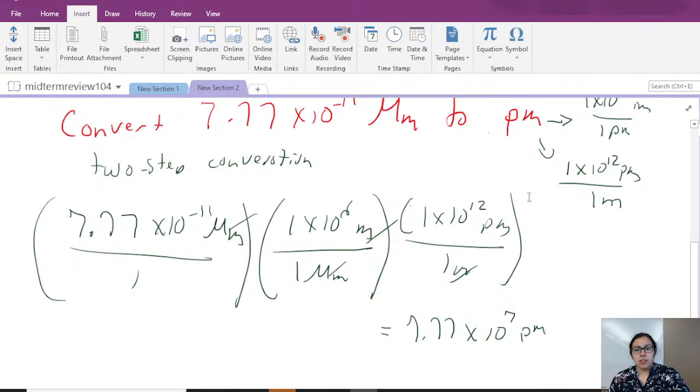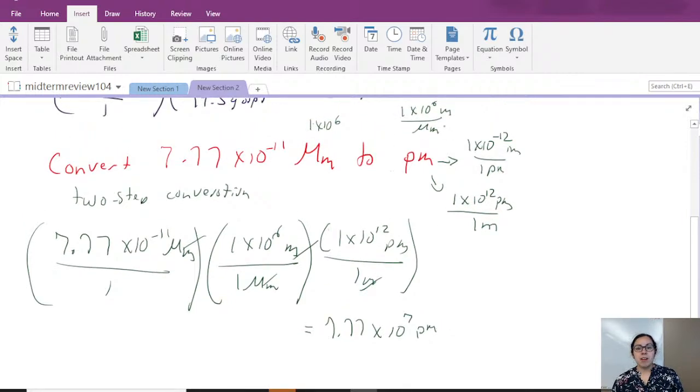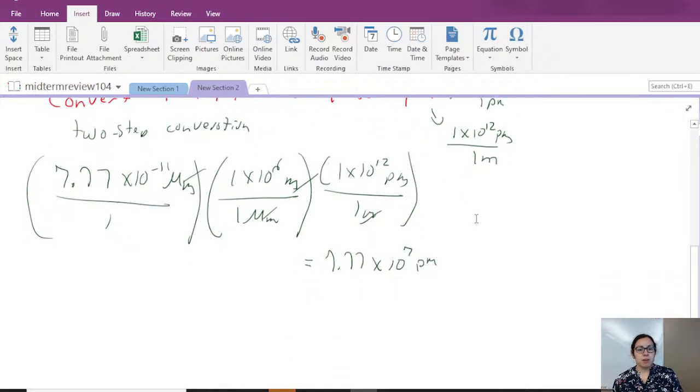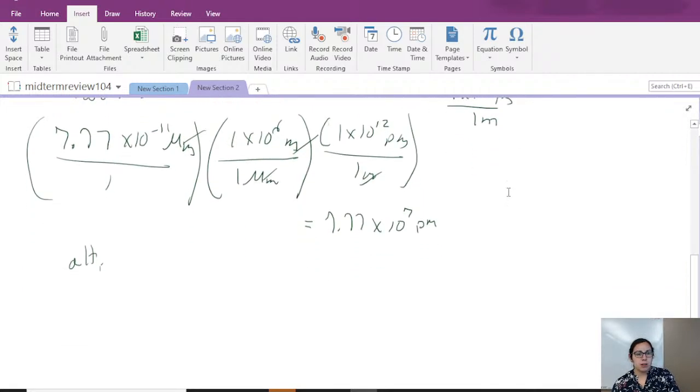Did people do it another way? So you could also set up a one-step conversion factor. So was the 12 negative or not negative? So it depends how you write it. How I wrote it, positive, right? But you could have set it up, so let me write an alternative. So let's say you had picked this negative one, 1 times 10 to the negative 12 meters is 1 picometer.